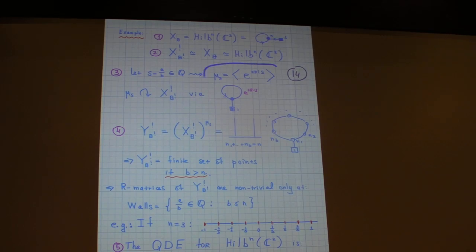You construct a finite group, a root of unity group generated by the corresponding roots of 1, e to the power s. And then this group acts on the Hilbert scheme, on the dual side, just by rotating this loop. So if you look at the pure description of that thing, this corresponds to scaling of that loop by the corresponding roots of unity.